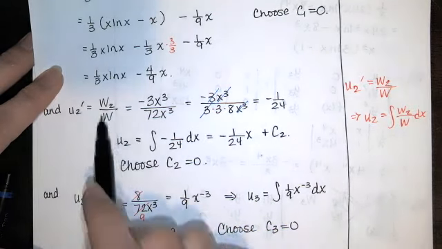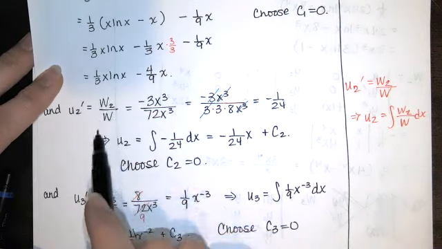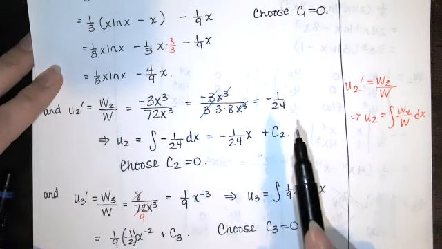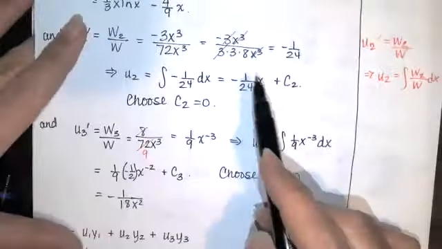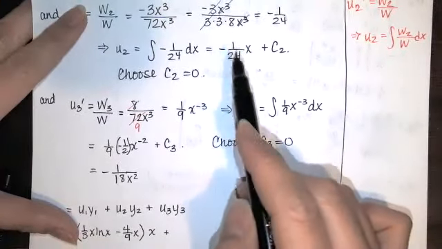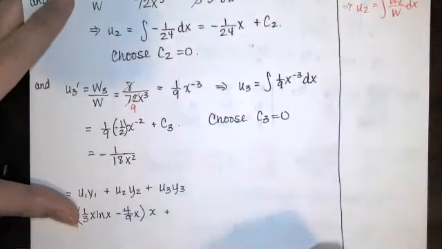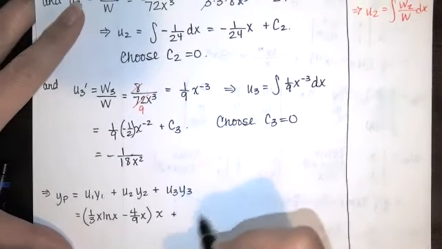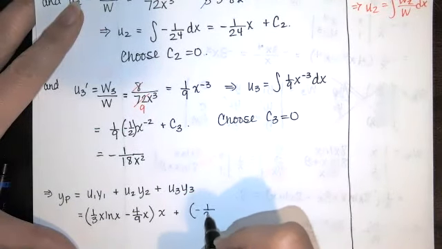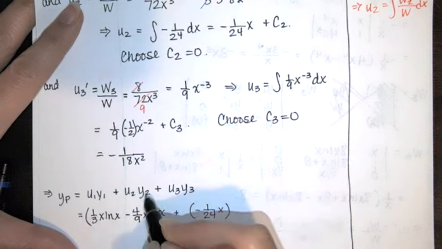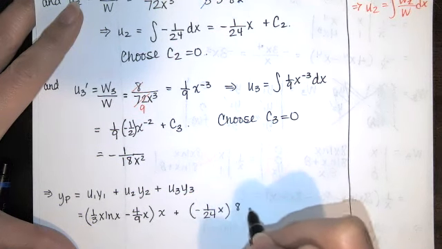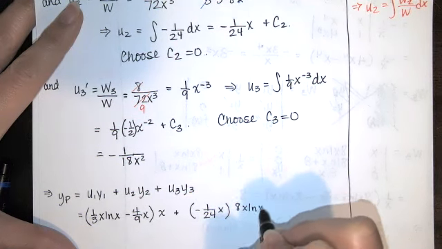But what I want you to see is that you've got an extra factor of 8 in the denominator, so that's a 1/8 that is multiplying this. So we're going to take this, which is 1/8 of negative 1/3 x, and then we're going to multiply it by y2, which was 8x natural log of x.